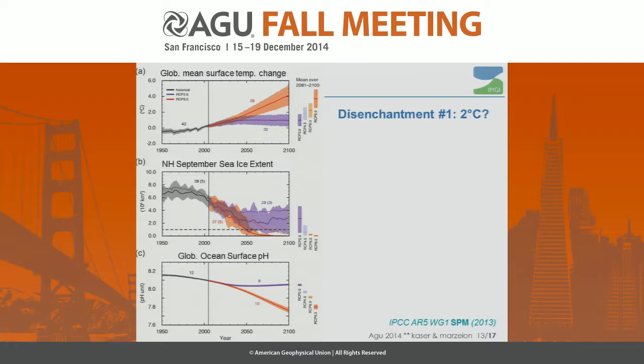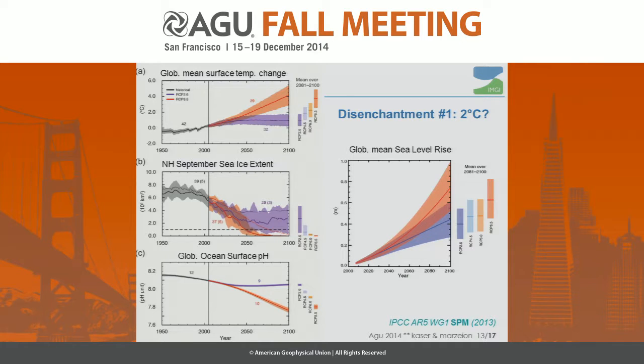We may be able to keep the sea level and the sea ice extent stable within the 22nd century. We may even recover a little bit the pH, the acidity in the oceans, and keep them stable if we go along these blue lines here. But the oceans would not follow like that. They have a memory. They have a very long memory.